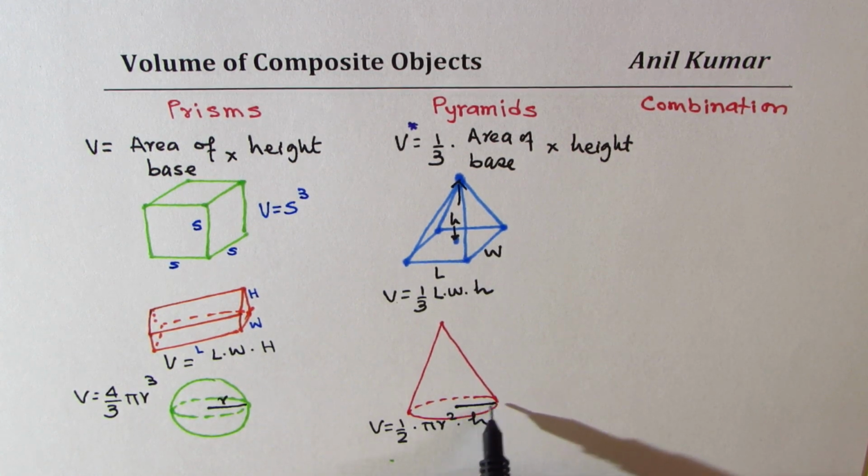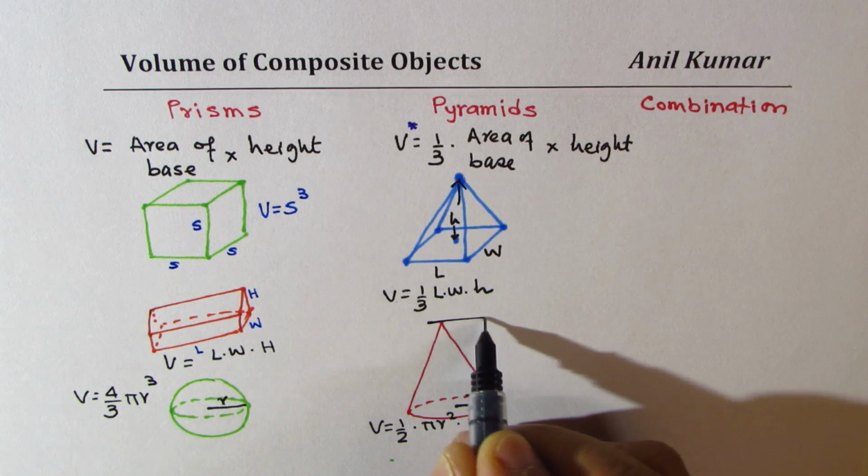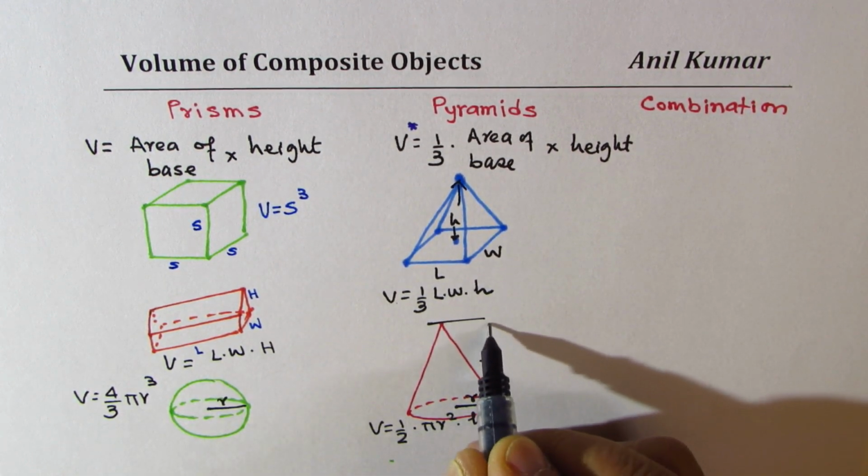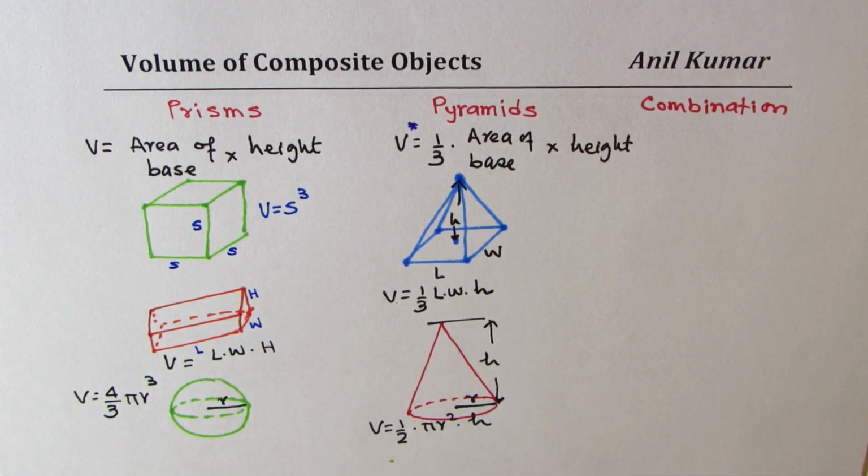Where this is radius r and the height is this. So that is how we actually get the volume formula. I hope the basics are clear to you, correct? Now with that, we'll begin with the combination of objects. I'll take up elaborate examples on combination.